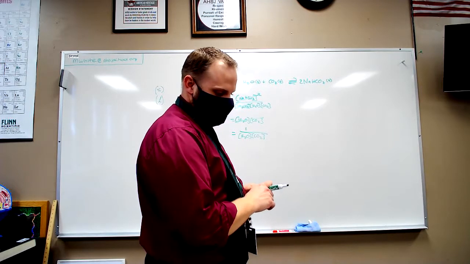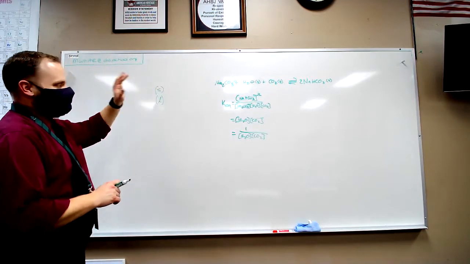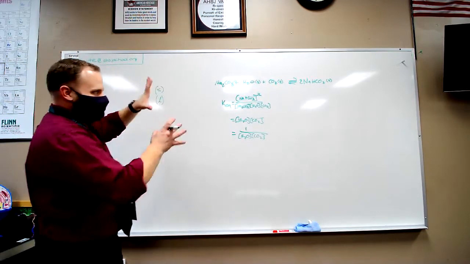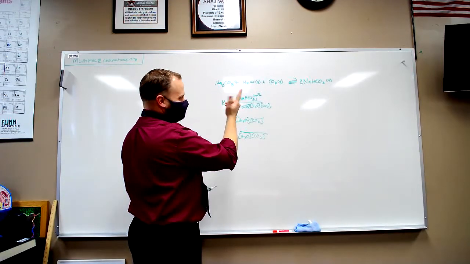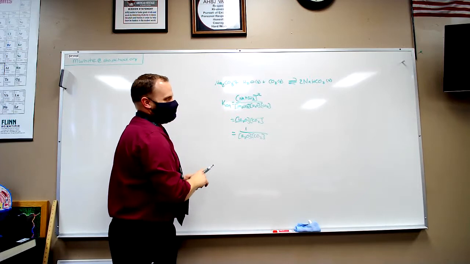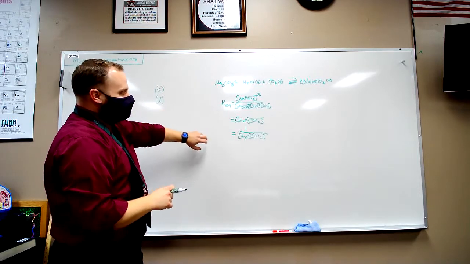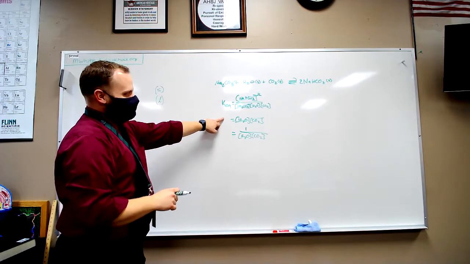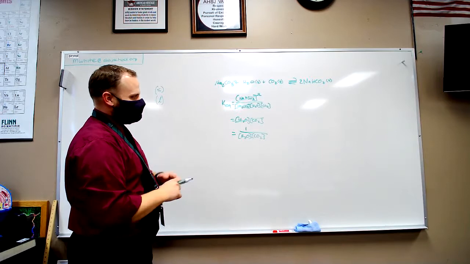But yeah, once again, it's another example that if you write it the other way, it's going to change the K value. It's going to flip it. Because this is what we got the first time. Well, you flip it, and that's what you get.